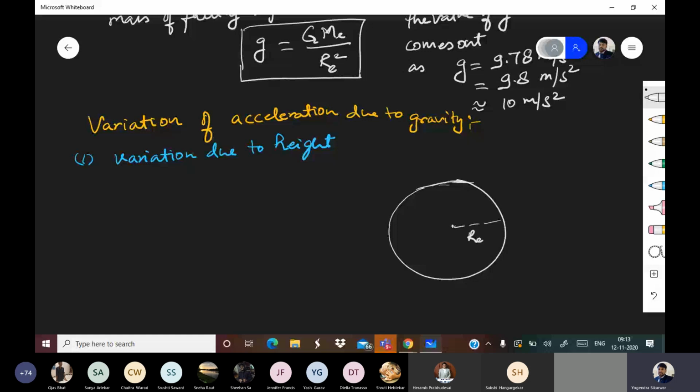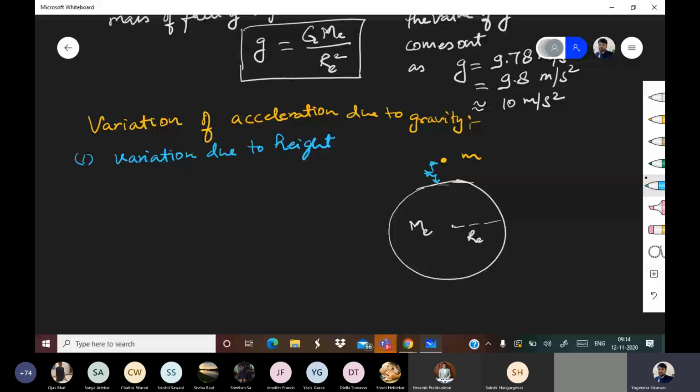So this is RE, this is ME because this is the earth only, and our object is here, small m. So wherever you want to calculate the value of g, you need to assume that small m is kept at that point. Now this point should be at height h.